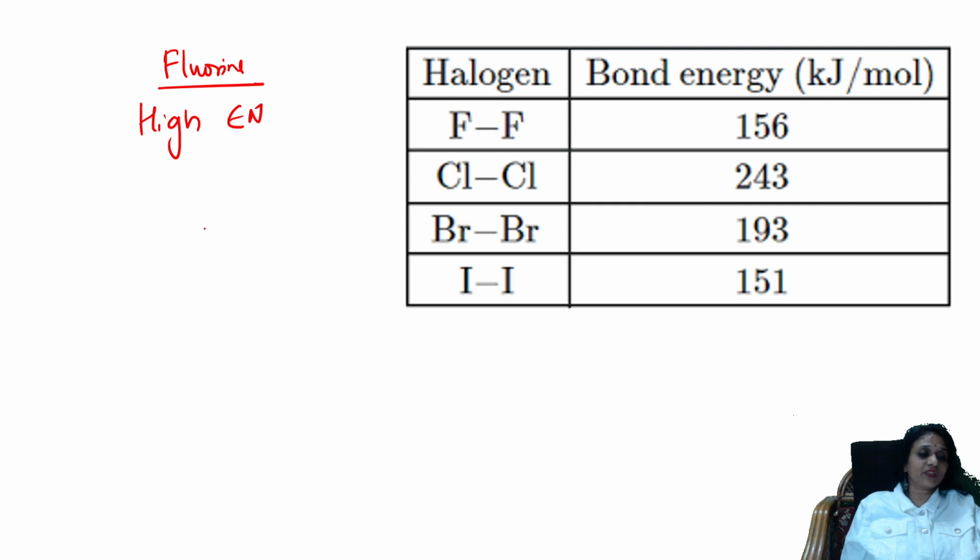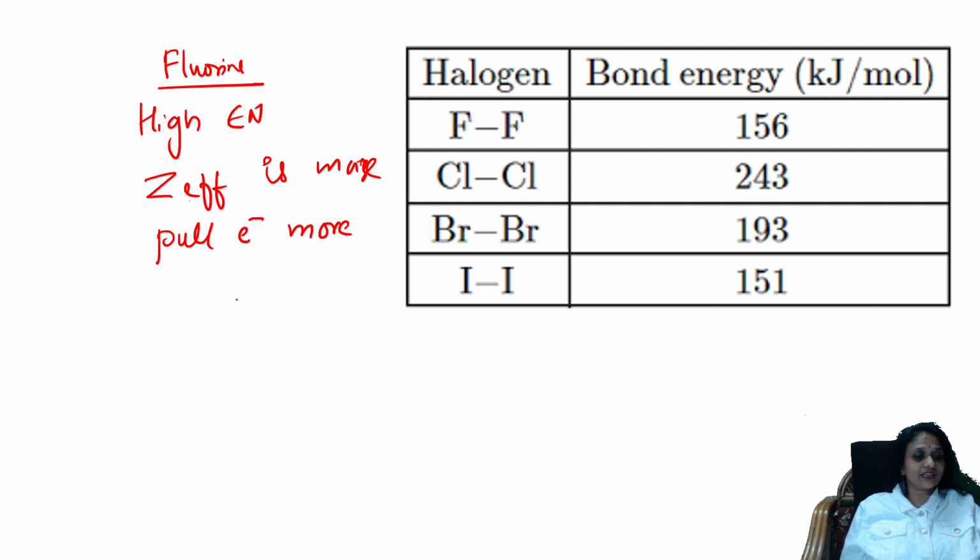The effective nuclear charge is maximum. When the nuclear charge is maximum, it will pull electrons more from whatever it is linked to. When it pulls electrons more, it will get a negative charge.